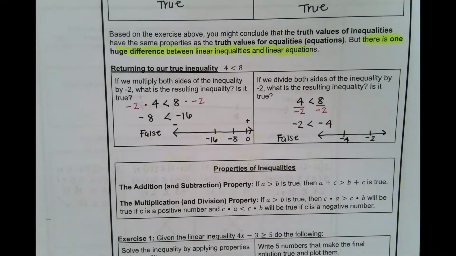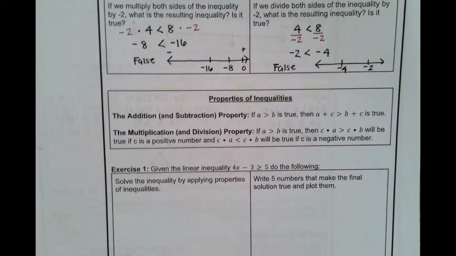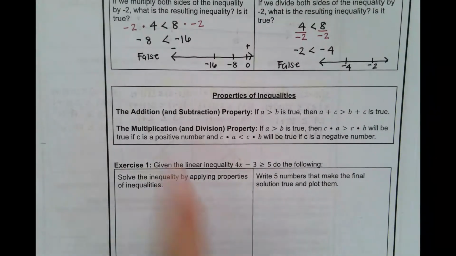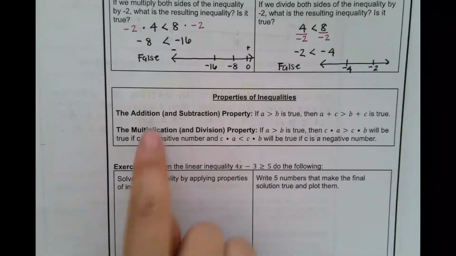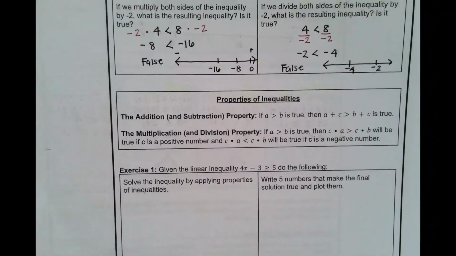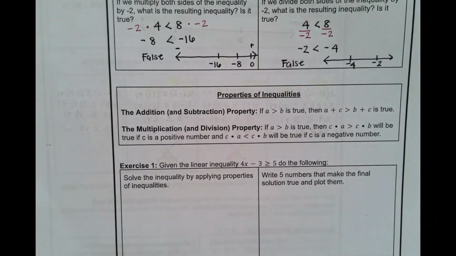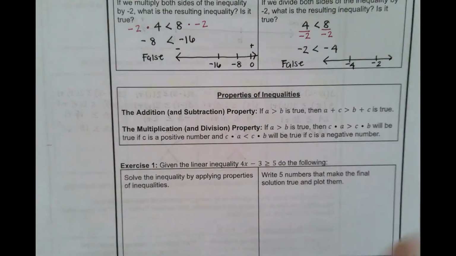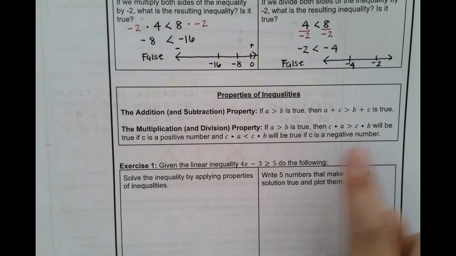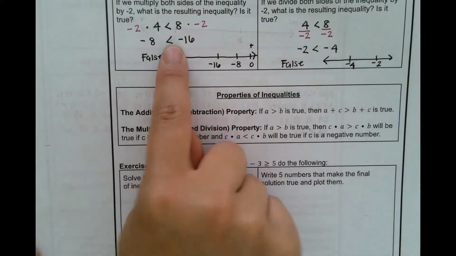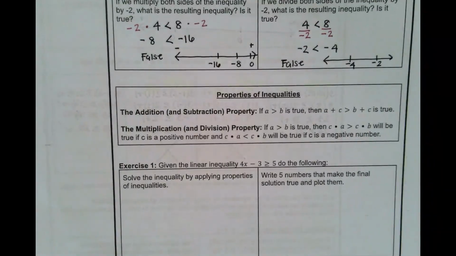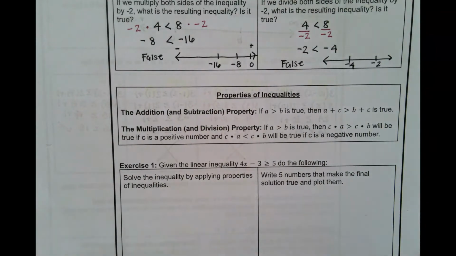And so what we see is for inequalities, okay, as long as we add and subtract, that is fine. As long as we multiply and divide, it should still be true. However, if it is a negative number, what we end up doing is we need to flip that inequality sign, right? So I'm going to write a note to myself.